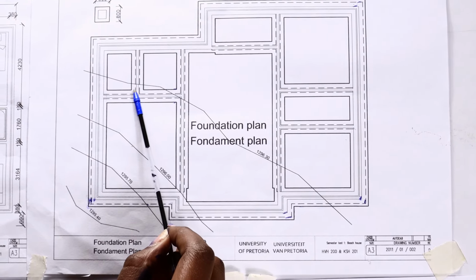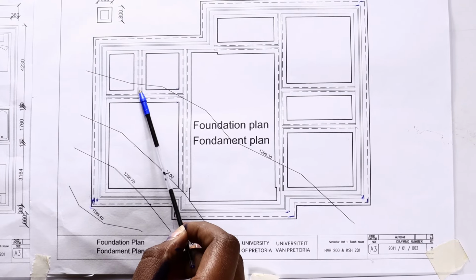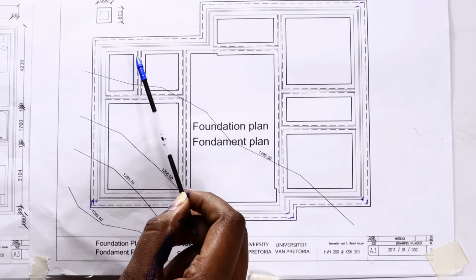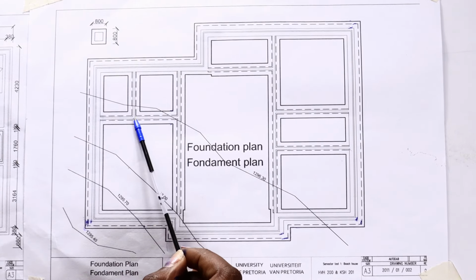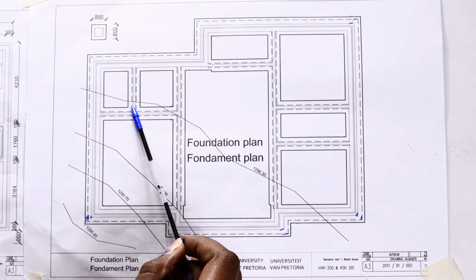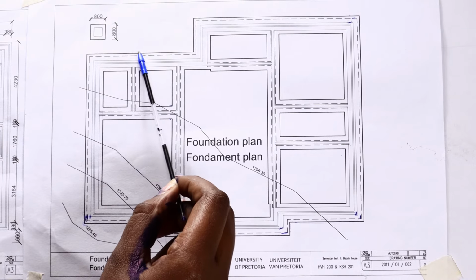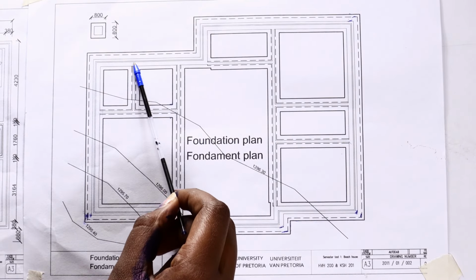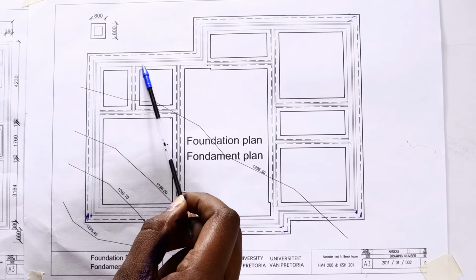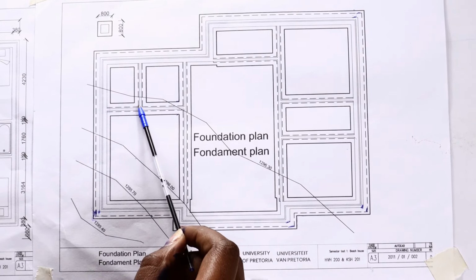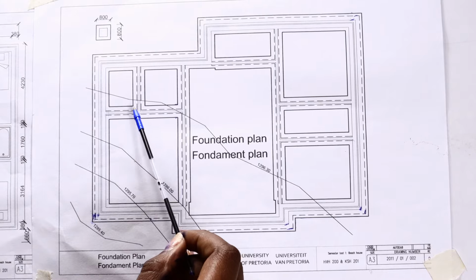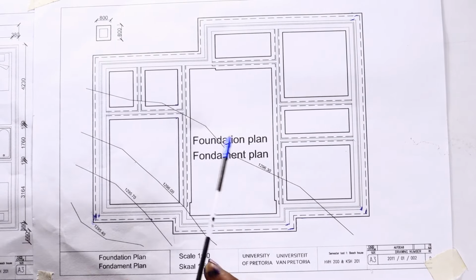Okay, it will not be 2690, it shall be the dimension from here to here, which was 2310. So 2690 was from outside here, but remember we deducted the cavity wall, so 2310 from here to here, then we deduct 55 because the broken line is inside the bold line by 55.